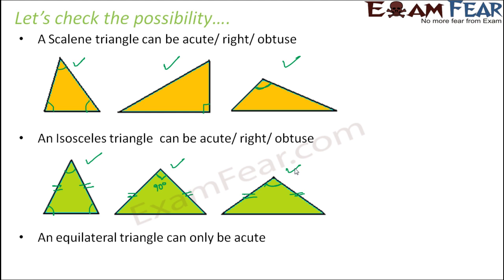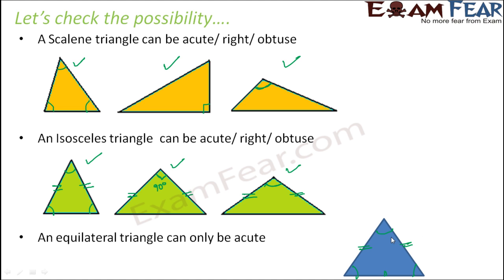When it comes to an equilateral triangle, an equilateral triangle can only be acute, because in an equilateral triangle all the three sides should be equal and all the three angles should be equal. Now for all the three angles to be equal, they need to be less than 90 degrees because the sum of the three angles should be 180 degrees.